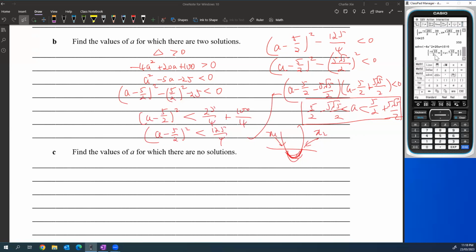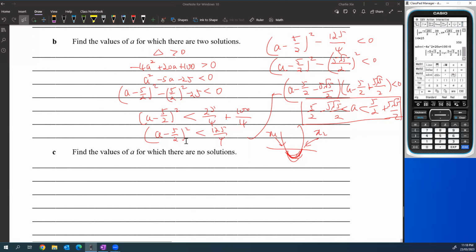And yeah, that's the answer. They have 35 here. Did I copy the right thing? Plus 10? No, plus 100. I made a mistake here. Here we go, I've got the answer.